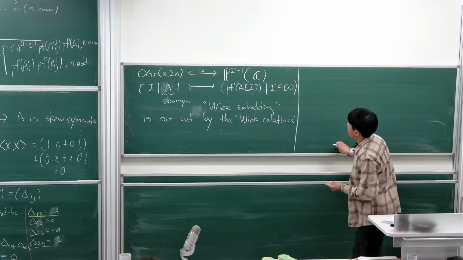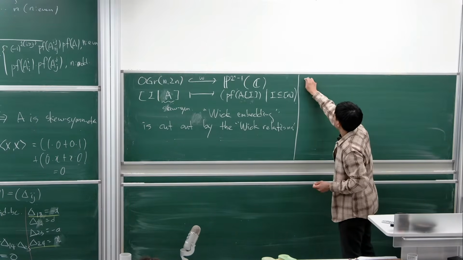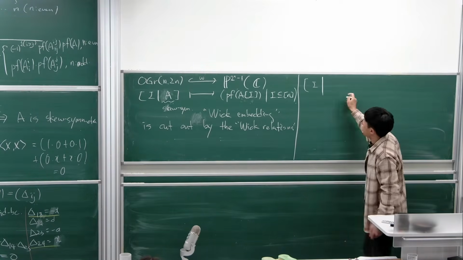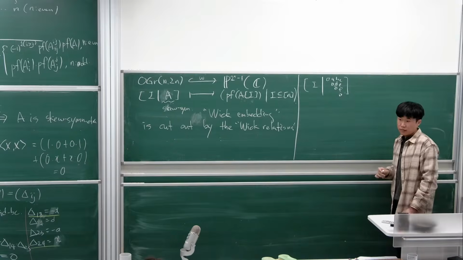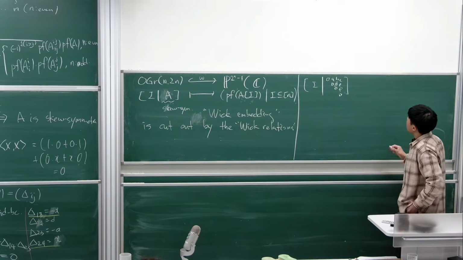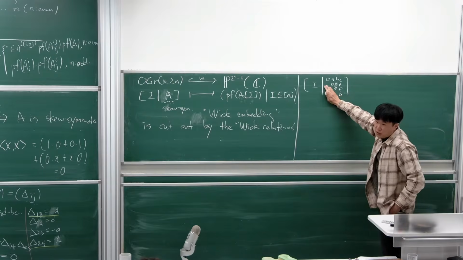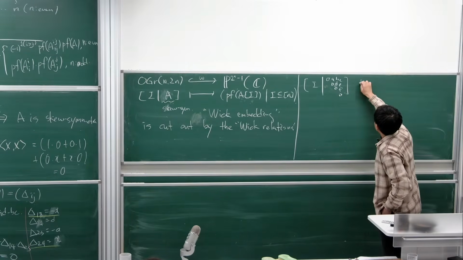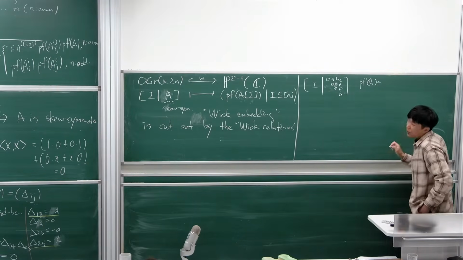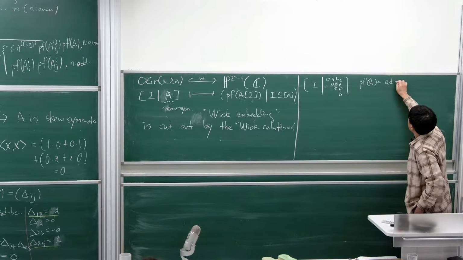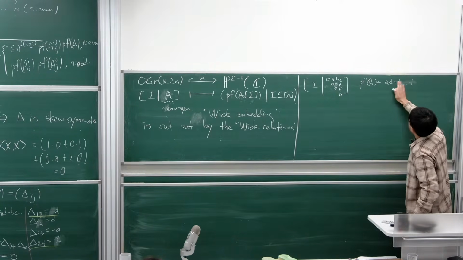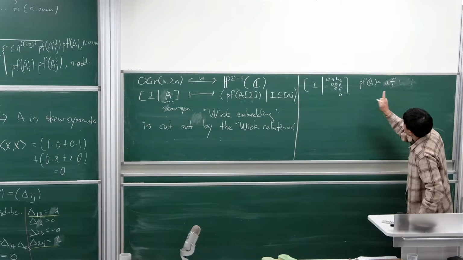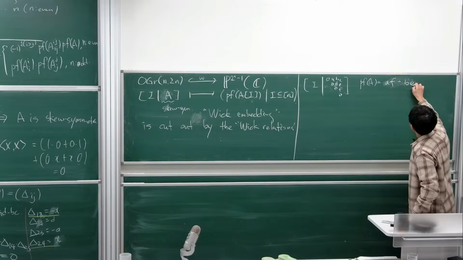Let me give you another example. Here we may consider the identity, and here is a 4 by 4 matrix with entries A, B, C, D, E, F, and let's assume this is skew-symmetric. The Pfaffian of A is AF minus BE plus CD.